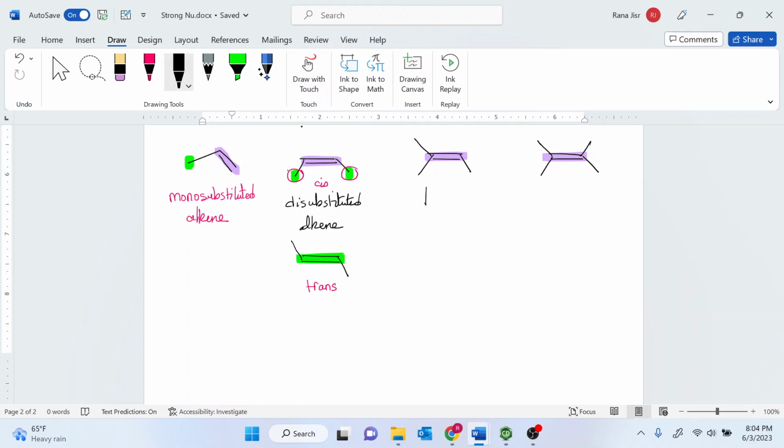Then we have the tri-substituted alkenes and the tetra-substituted alkenes. The tri-substituted alkenes have 3 carbons around the double bond, and the tetra-substituted has 4 carbons around the double bond.